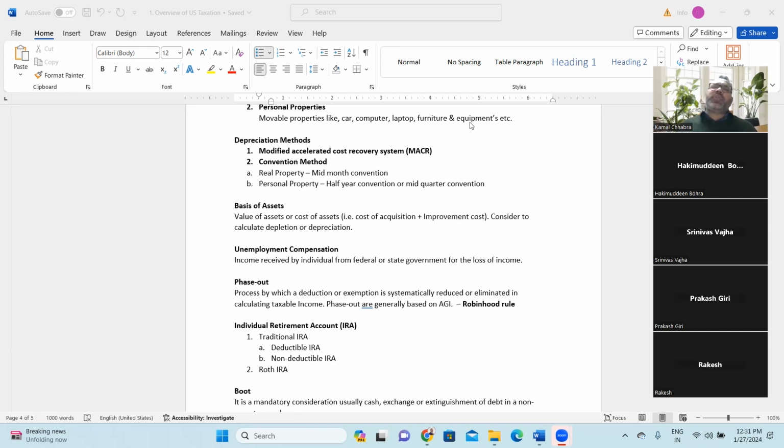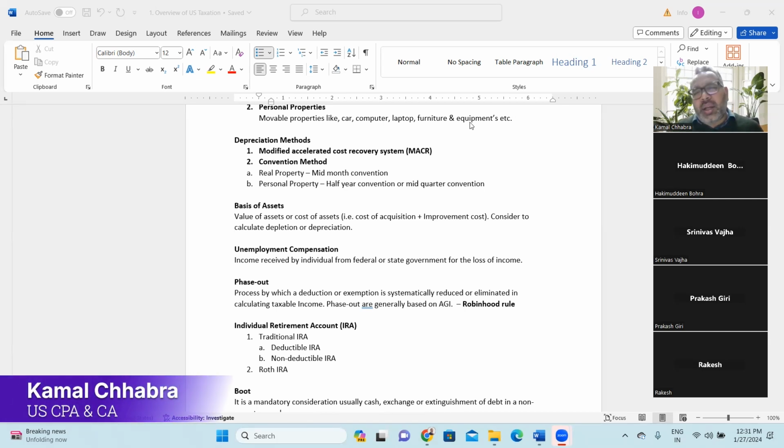If you are not using MACRS, then you can use the alternative depreciation method, which is similar to the straight line method of depreciation.